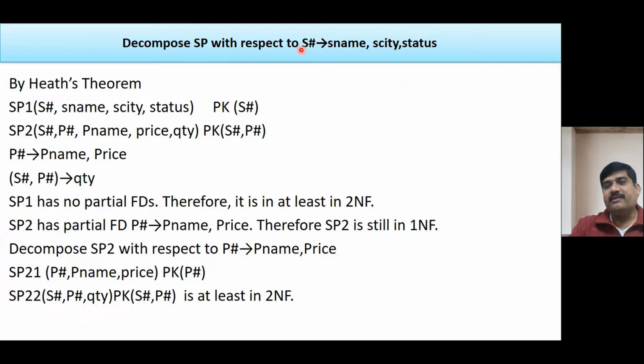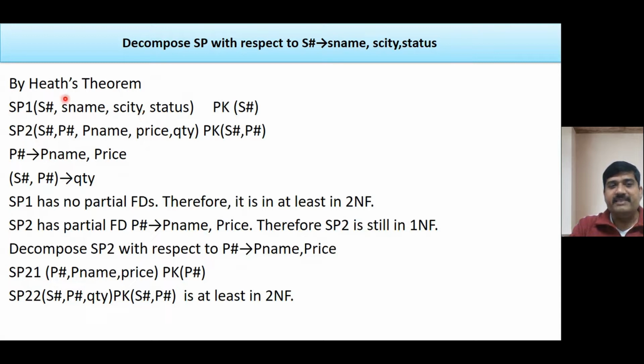So S number determines status transitively. So we can group all these attributes in one table, and that table is called SP1. So the SP table is divided into two tables, SP1 and SP2, and we will keep S number, S name, S city, status in one table, and S number, P number, P name, price, quantity in another table.